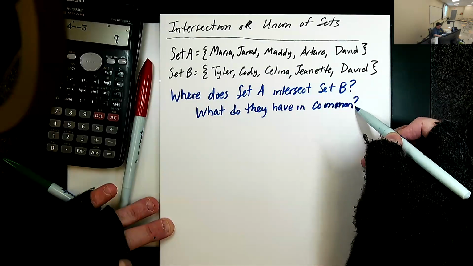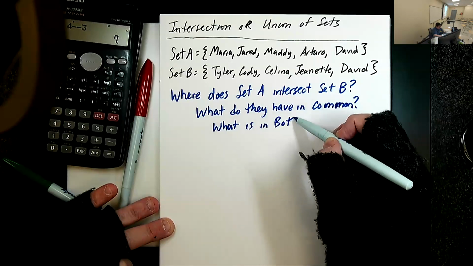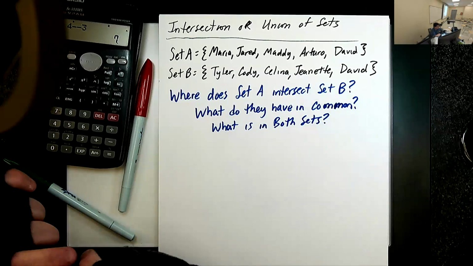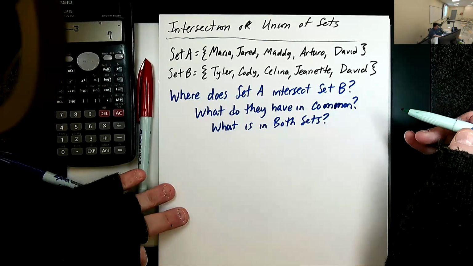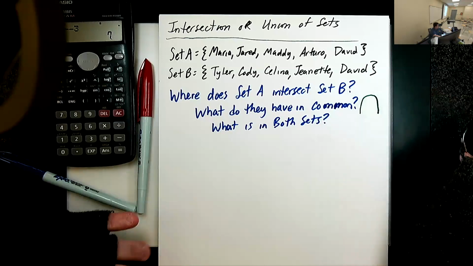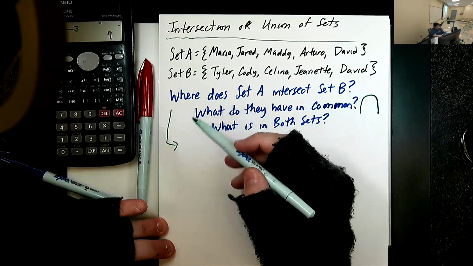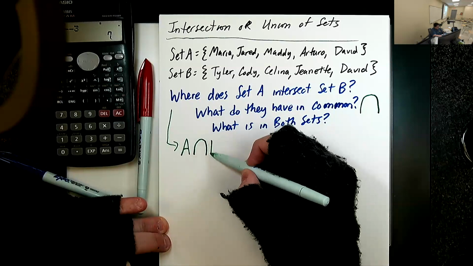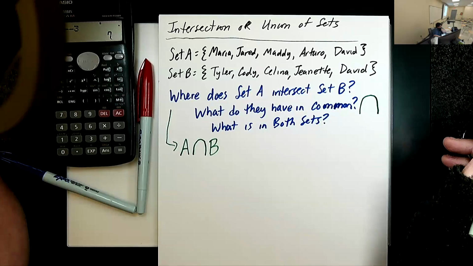Or what is in both sets? The notation they use for intersection is a big fat upside down U. And so this question is written in shorthand notation as where does A intersect B? That's the shorthand notation for that question.